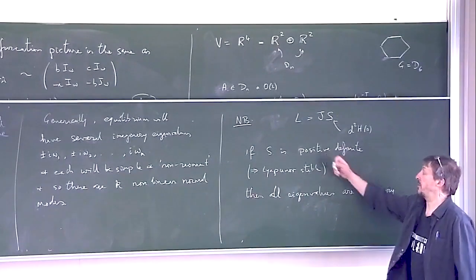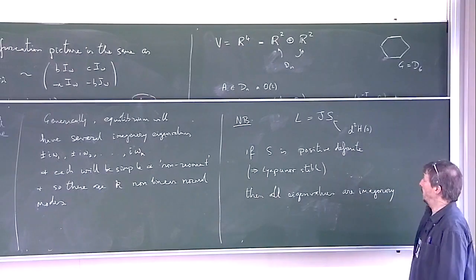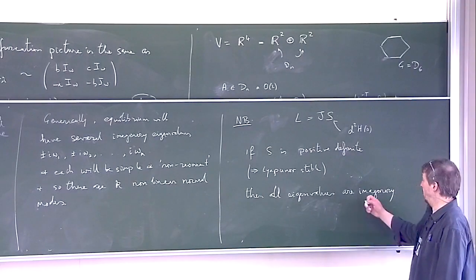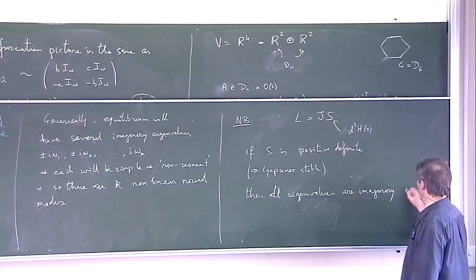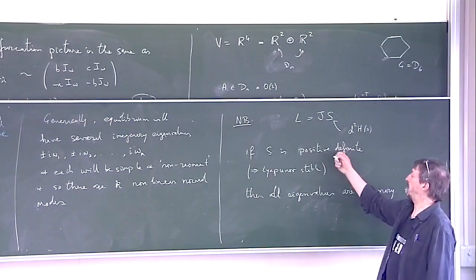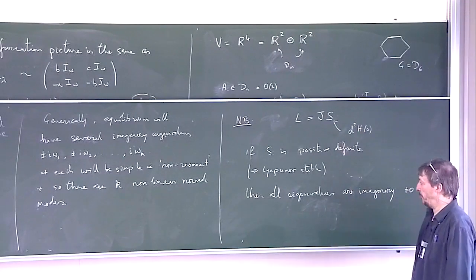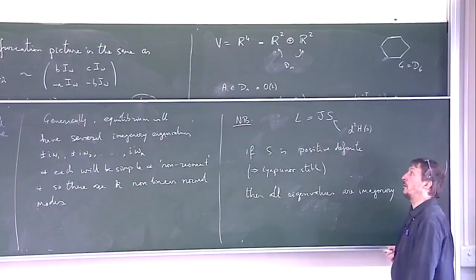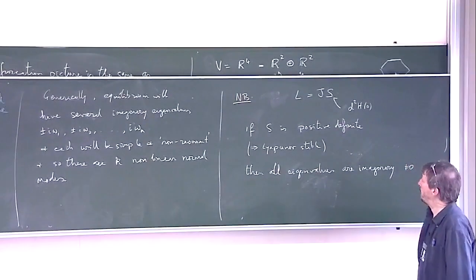Oh no, if it's positive definite, then in fact they're all imaginary non-zero. But if it's positive semi-definite, then they could be zero. But they could not have a real part. Yeah, that's right.